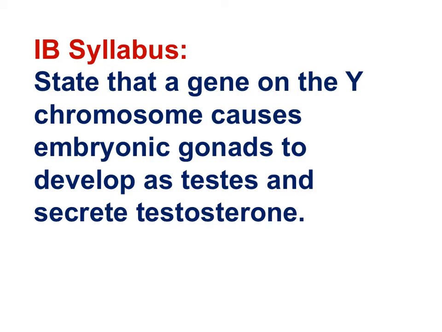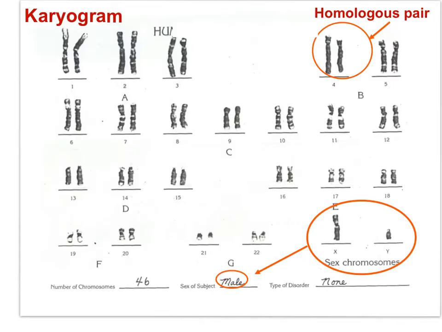Here's an IB syllabus statement. State that a gene on the Y chromosome causes embryonic gonads to develop as testes and secrete testosterone. Here is a karyogram. You should recall the sex chromosomes that determine gender in humans. There is a gene on the Y chromosome that causes embryonic gonads to develop as testes and secrete testosterone.